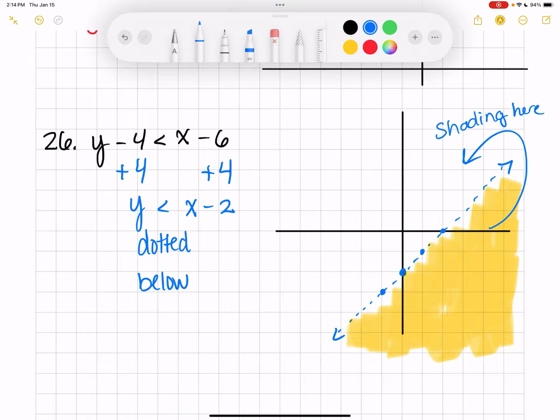Now, this one is shaded correctly, but if something like that happens. The other thing that sometimes happens is you accidentally make this line solid and it was supposed to be dotted. Put a little arrow here and say dotted. You should not be doing that on every single one.